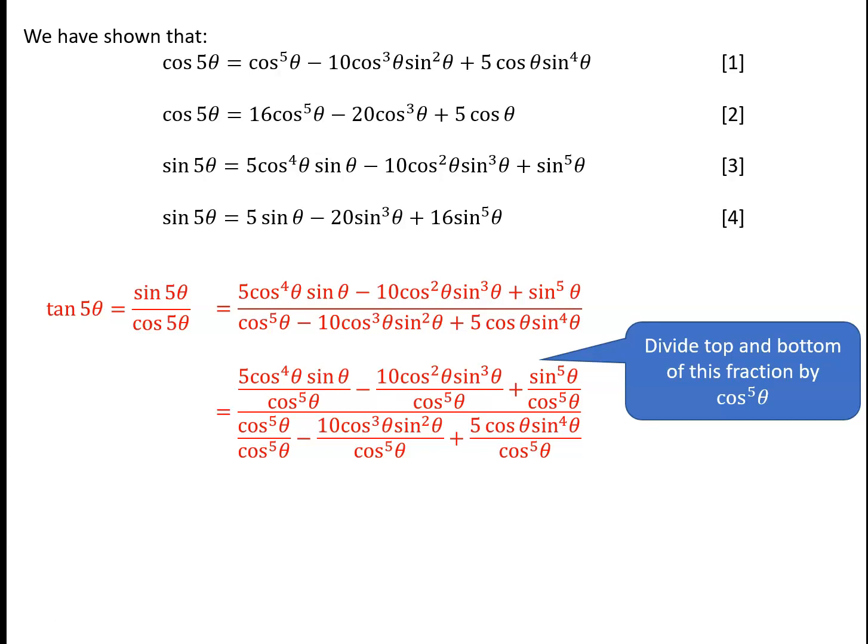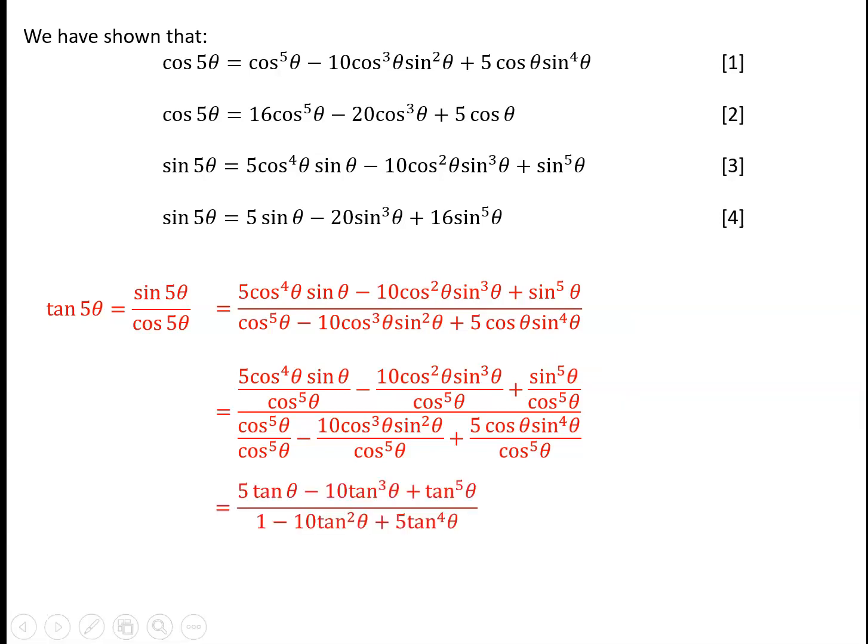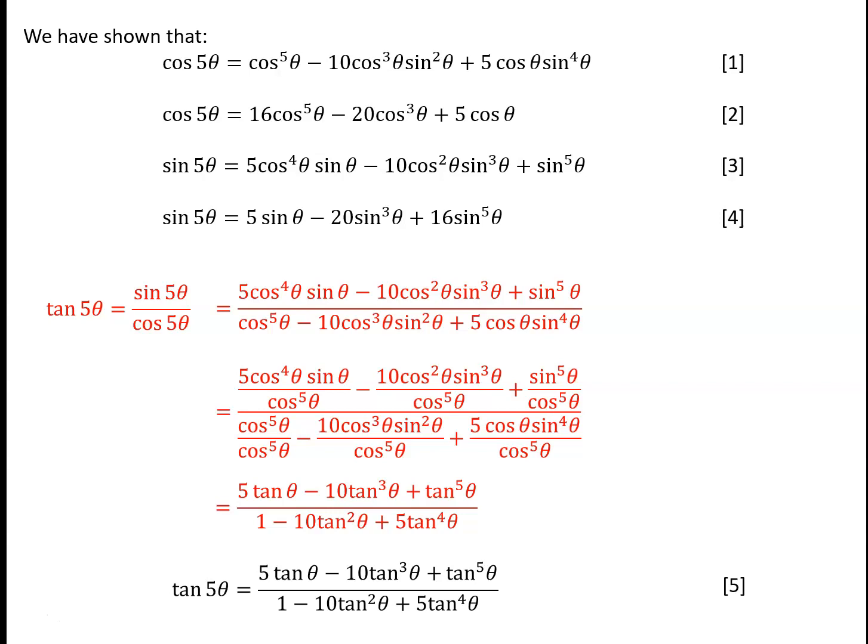The bottom becomes 1 minus 10 sine squared theta over cos squared theta, in other words 10 tan squared theta, plus 5 sine to the 4 theta divided by cos to the 4 theta, in other words 5 tan to the 4 theta, which gives me then 5 tan theta minus 10 tan cubed theta plus tan to the 5 theta over 1 minus 10 tan squared theta plus 5 tan to the 4 theta. So we've got a fifth identity there.